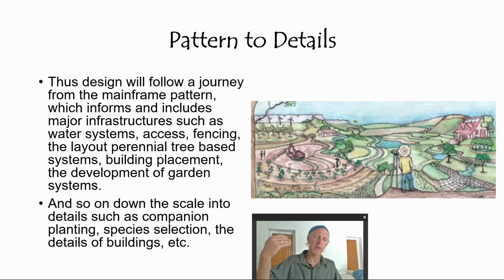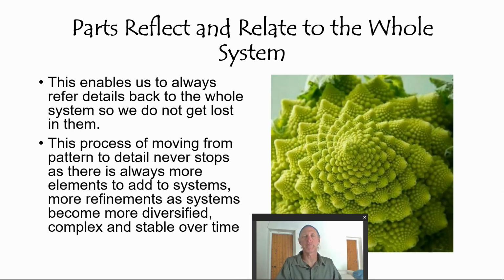And so we're actually moving down a scale from broad pattern into more and more detail until we get into the nitty-gritty detail of species selection and how those species are arranged in companion planting systems and guilds, okay? And the details of the buildings. First we put the walls up and put the roof on, and then we start putting in the doors and windows and so on. Well, that is the way we approach permaculture design, okay?